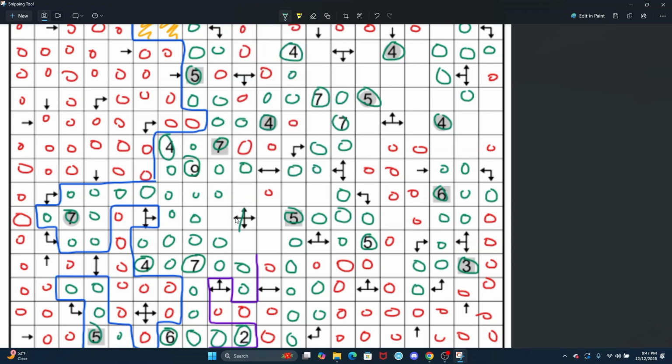What I want to look at is this 4-way arrow again. If these were all green, then this area would be bounded, right? And there's red in there, so that would be a hole. So that can't happen. So we must have these are all red.